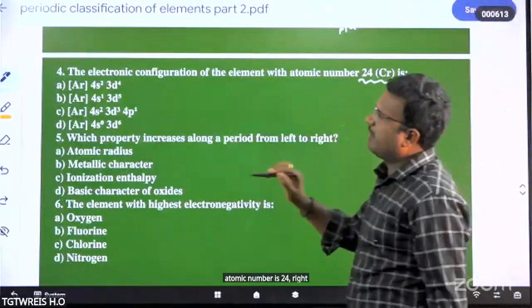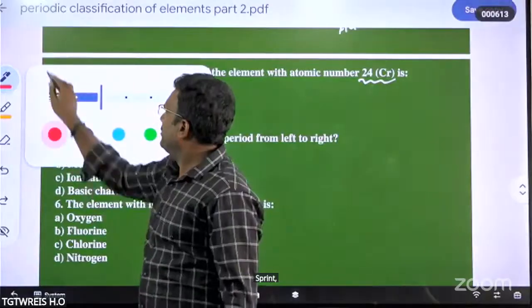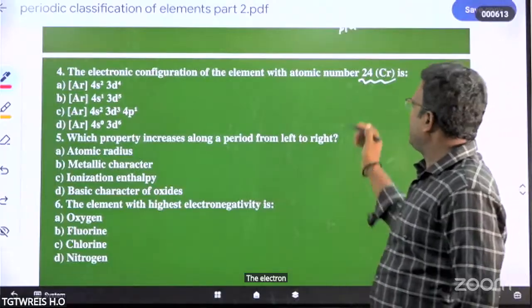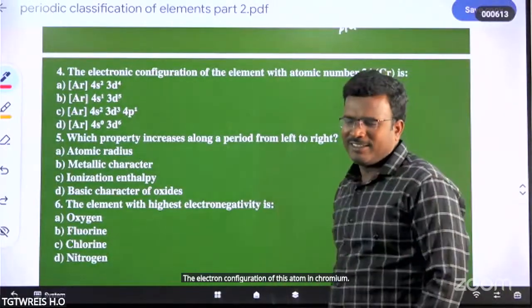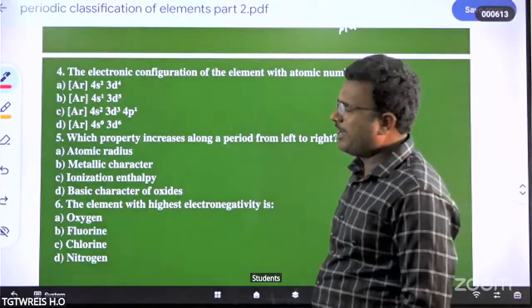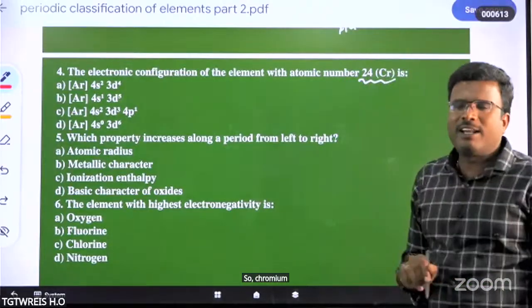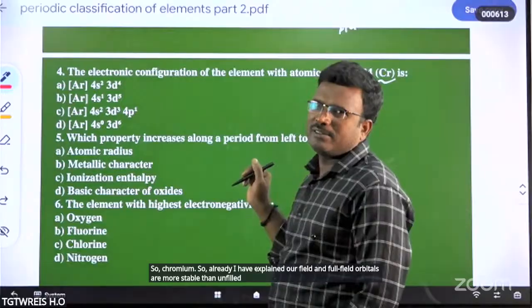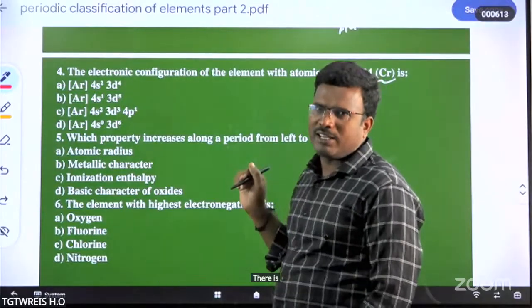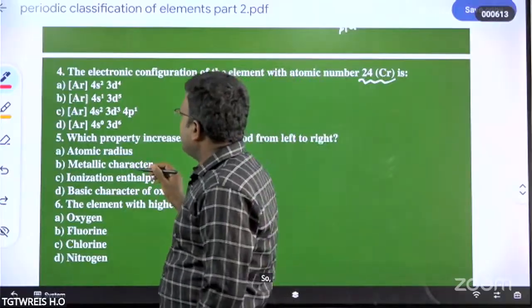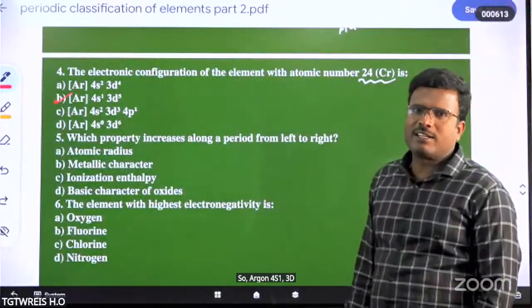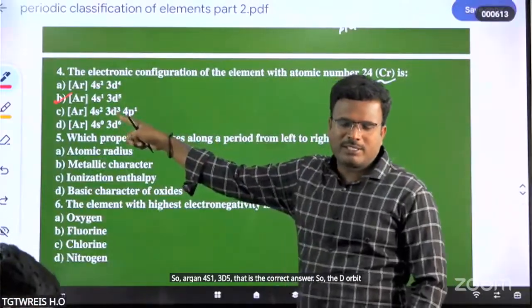Which is the correct answer, A, B, C, or D? Students, please answer. Already I have explained that half-filled and full-filled orbitals are more stable than unfilled orbitals. That is Hund's rule. The answer is B: argon 4s1 3d5. The d orbitals being half filled is more stable.